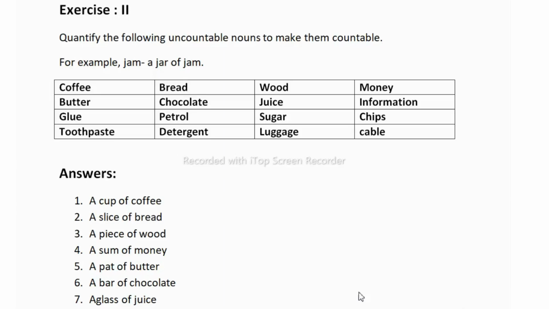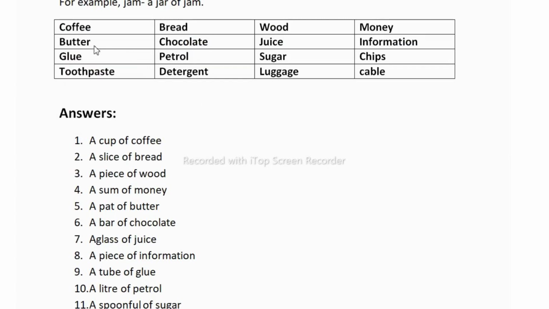So now let us quantify these uncountable nouns. For example, jam, which is an uncountable noun, we can make it countable by saying a jar of jam. Here are the few words given in your textbook. We have to quantify them. Like coffee, which is an uncountable noun, we can make it countable by adding a cup, which is a common noun and countable.